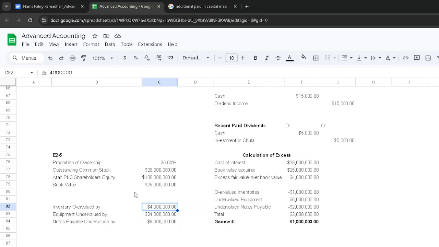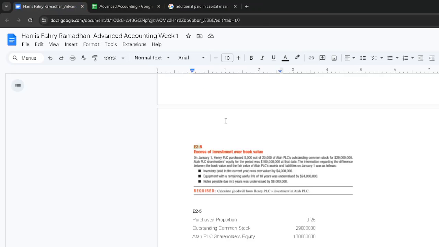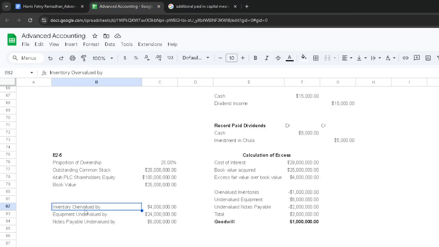Why? Because this is what the company has. This was the ATA company's assets and liabilities, and since we own 25% of it, that means we own 25% of each of these accounts. So I multiplied this 4 million by 25%, and I get this. Same goes for this. Same goes for this.